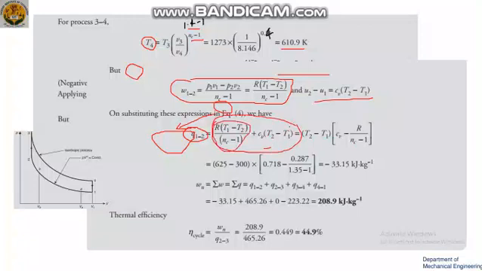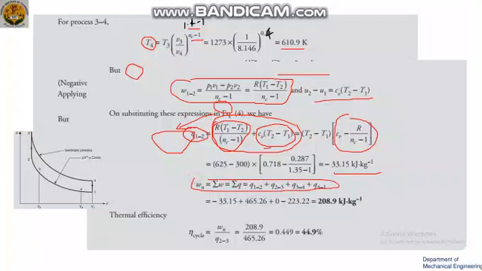Take out T2 minus T1 outside and you will be left with CV minus R divided by n minus 1. Here you have all the values. Put all the values in this equation and calculate Q1 to 2. That will be minus 33.15 kilojoule per kg.